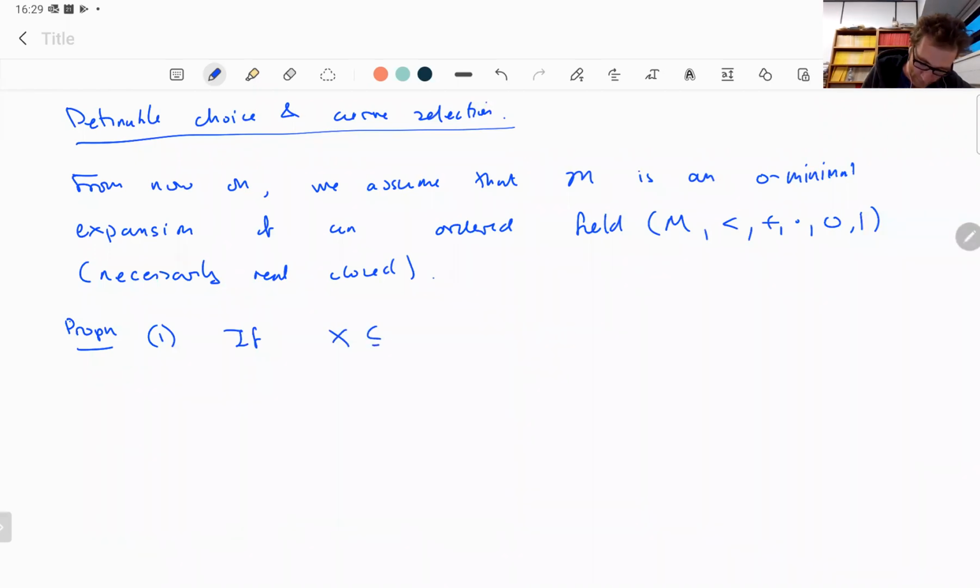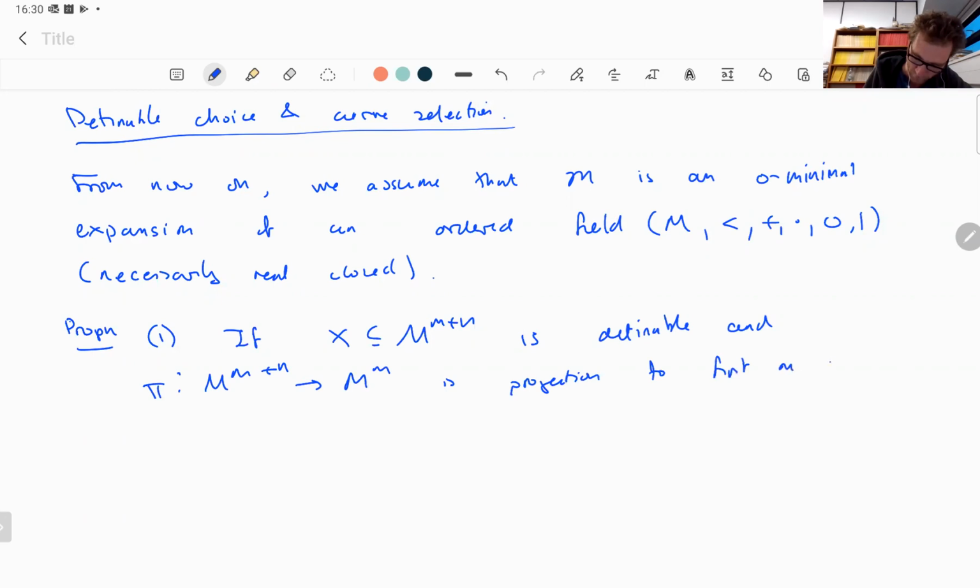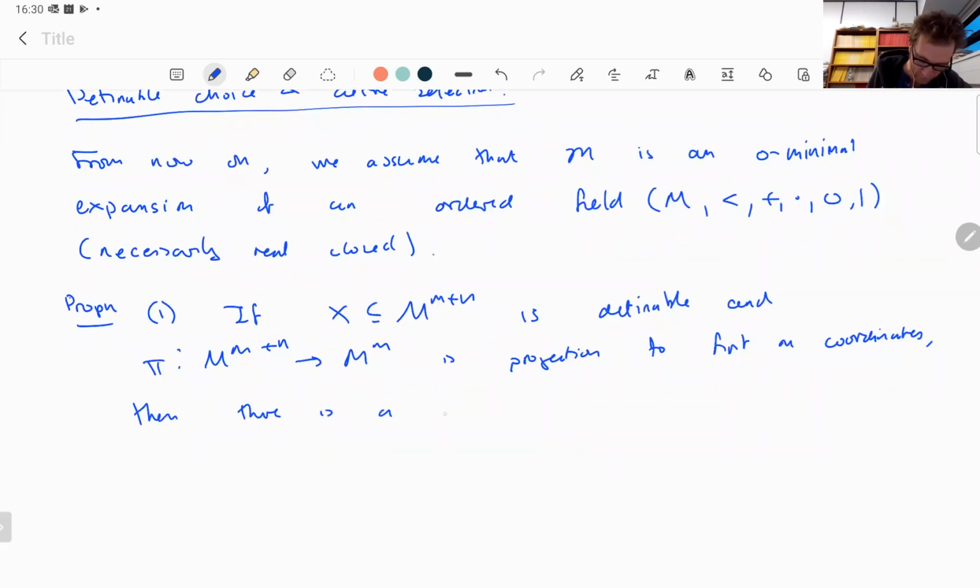So if X in M to the M plus N is definable, and pi is the projection down to the first n coordinates, then there's a definable map f from the projection to M to the n whose graph lies in X. So, such that the graph of f is a subset of X.